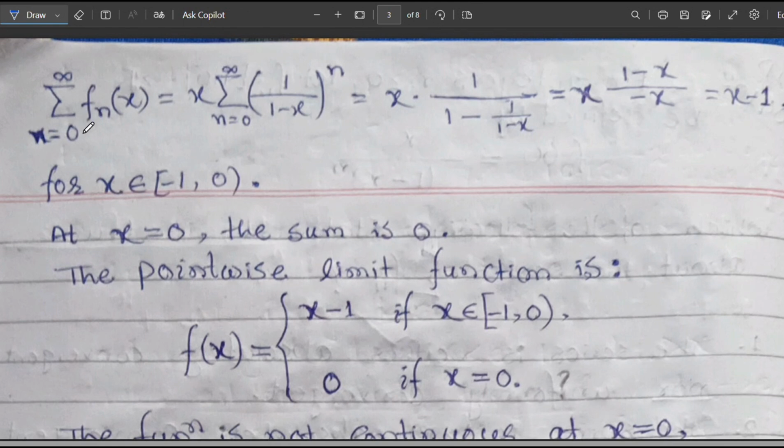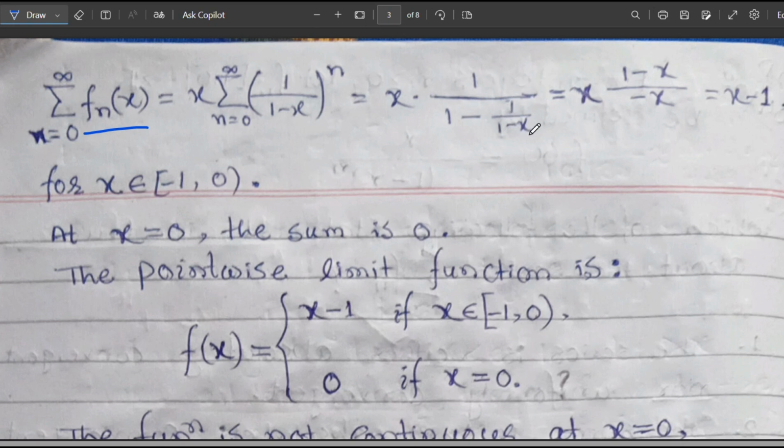The sum of f_n(x) is x times the sum of 1 by (1 minus x) to the power n. Since x does not depend on n, it goes outside. The sum of (1/(1 minus x))^n is 1 by 1 minus 1 by x.